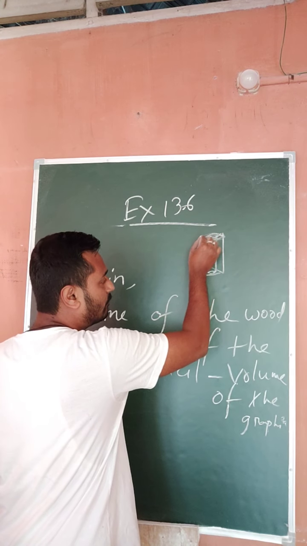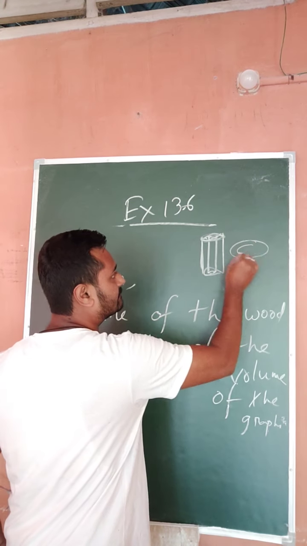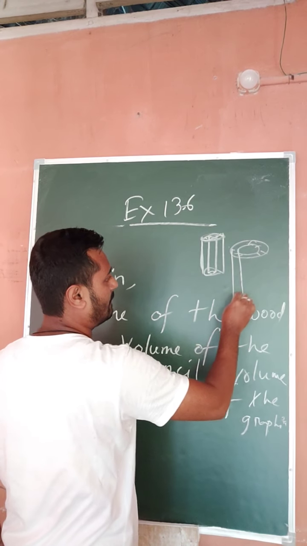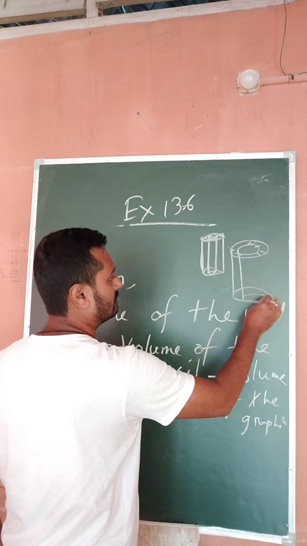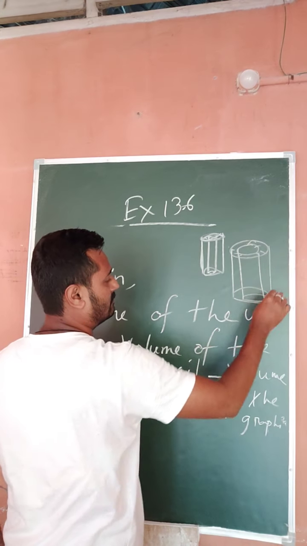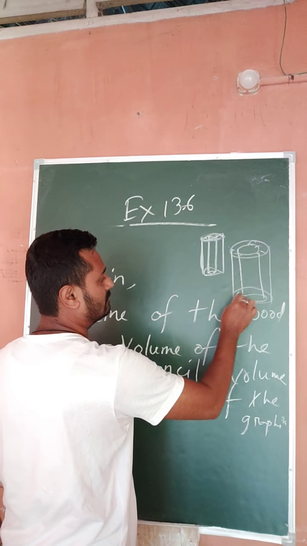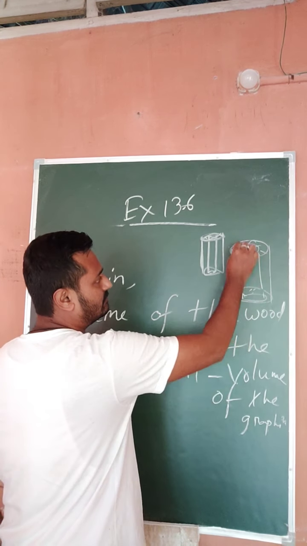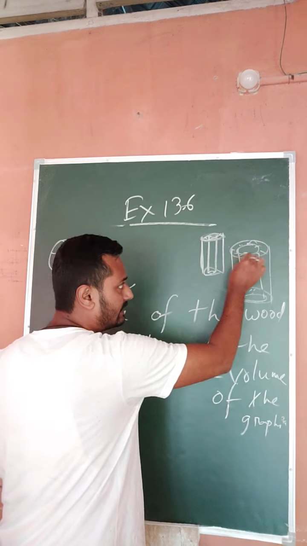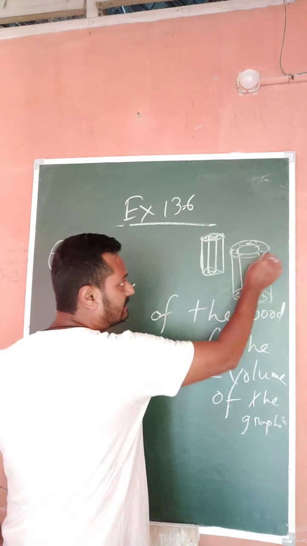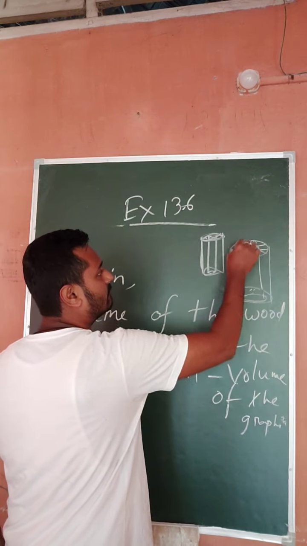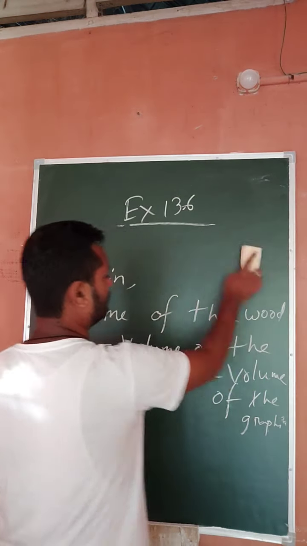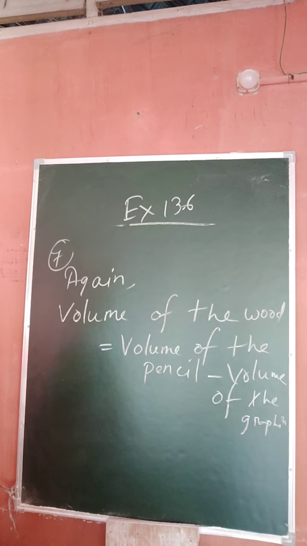And if from the volume of the pencil you subtract this part, then you will get the volume of the wood. So volume of the pencil minus volume of the graphite.